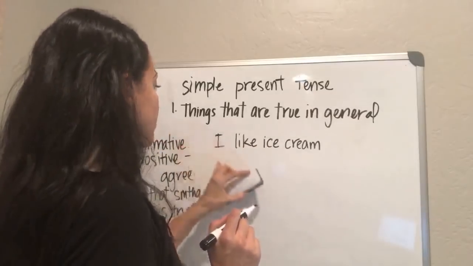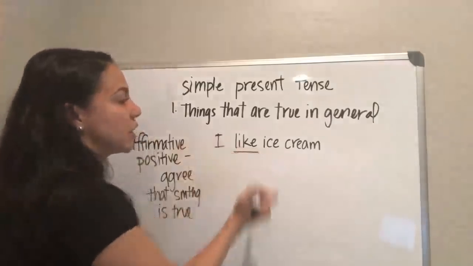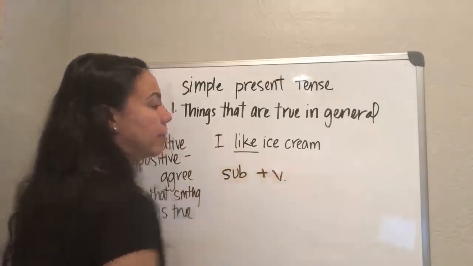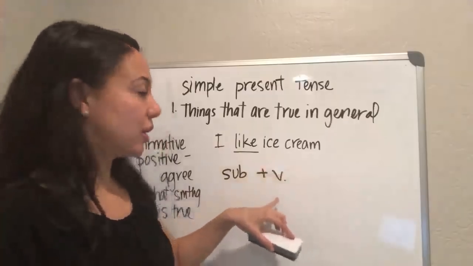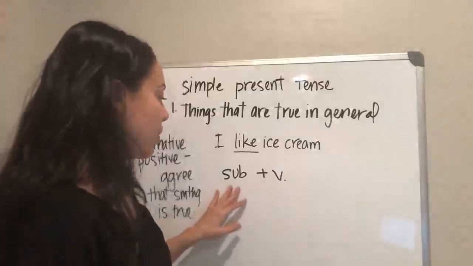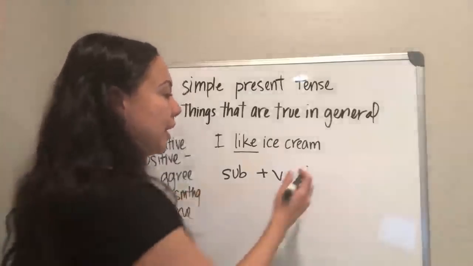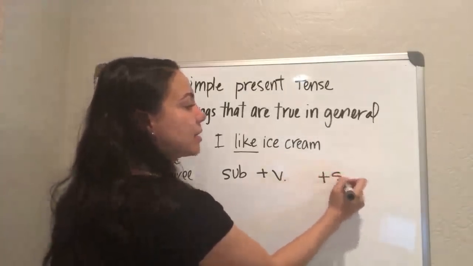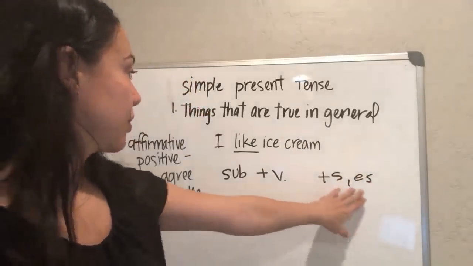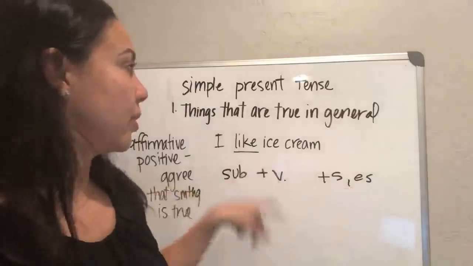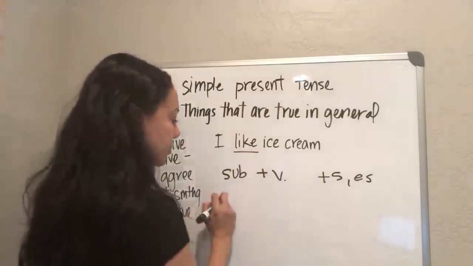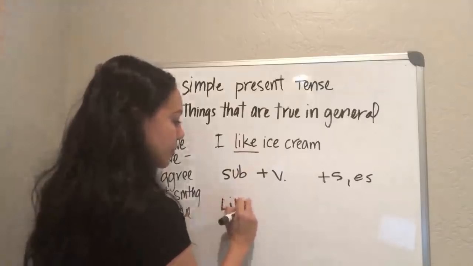The only thing that changes, we've got the subject, the verb, okay? The only thing that is going to change from the infinitive of the verb is we're going to add an S or an ES to the verb, okay?